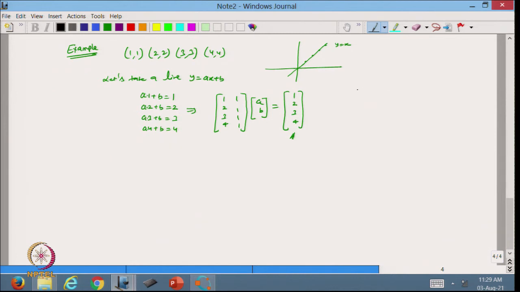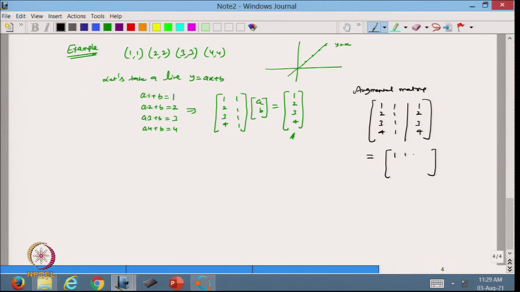I can write the augmented matrix: 1 2 3 4, and then 1 2 3 4, and I can make this.